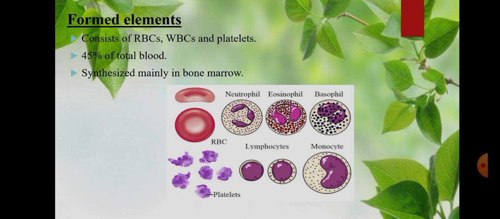These three cells are mainly synthesized in the bone marrow; RBCs, WBCs, and platelets take their origin from the bone marrow. Clear? The picture given below shows the different formed elements, and we will be learning each one of them in detail.